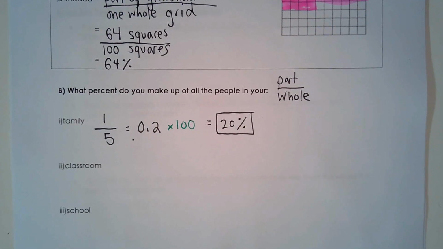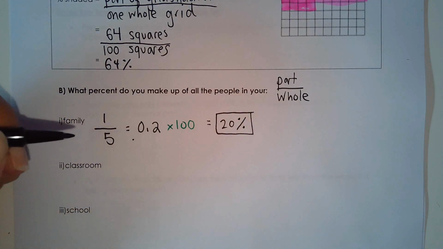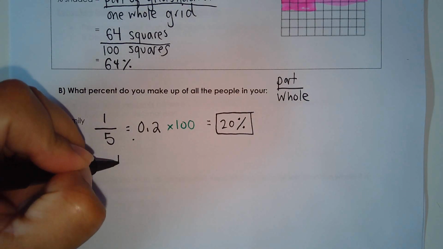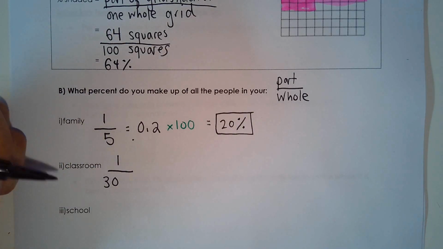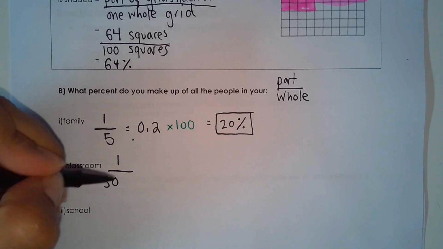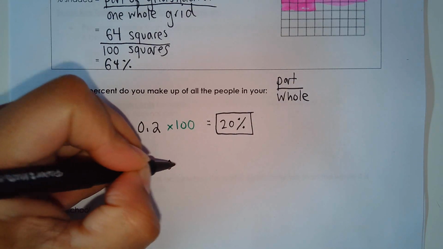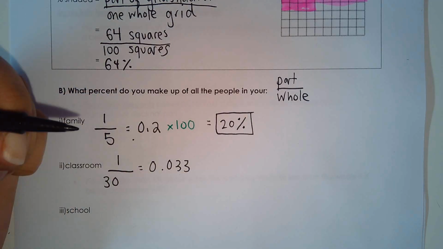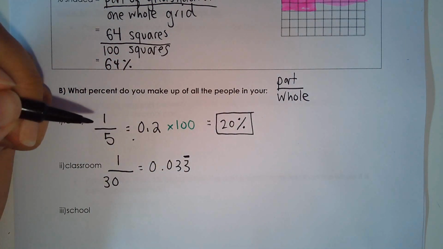Moving on into our classroom. So our classroom's a little bit bigger. Let's just say we have 30 students. So I make up 1 part of 30. Okay, so 1 divided by 30 in my calculator is 0.033333 repeated. So I just put a little bar on top to show that.